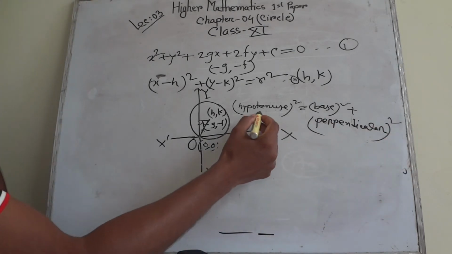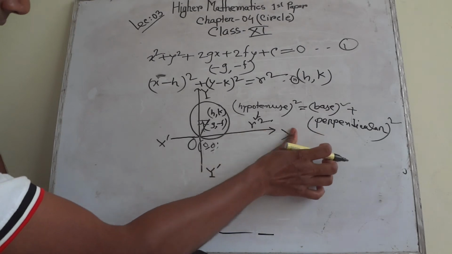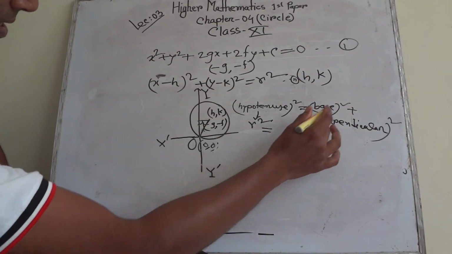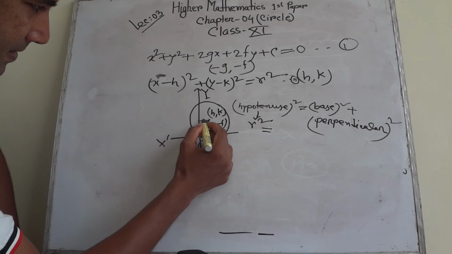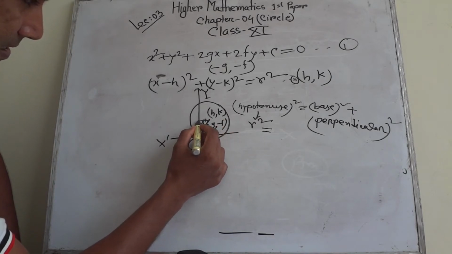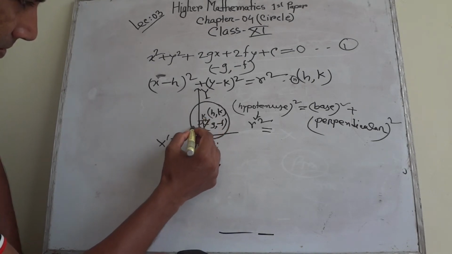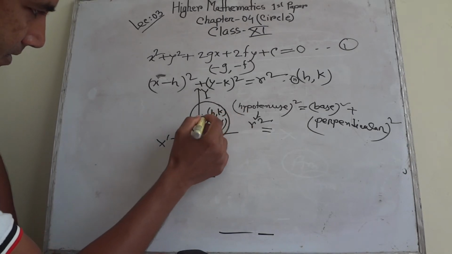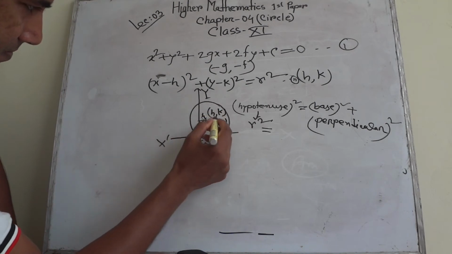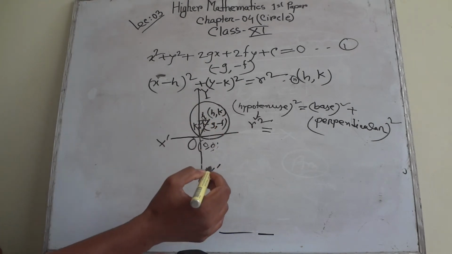But hypotenuse equals r, so r square equals base, meaning this measurement from the center, that is h, and this is the height. That means this measurement from here to here will be h, that means the abscissa, and this will be k.